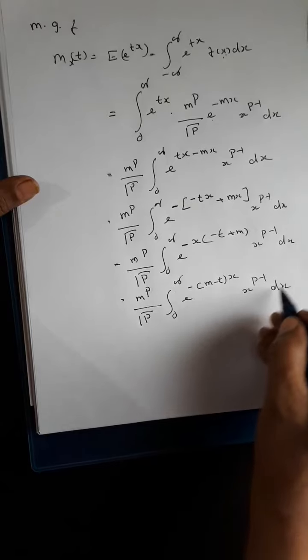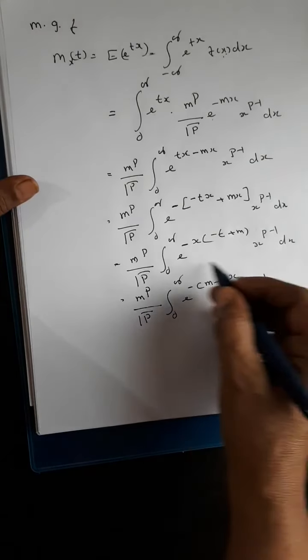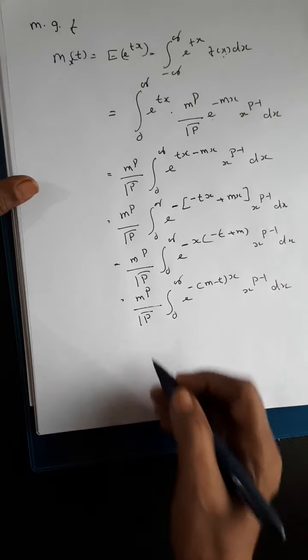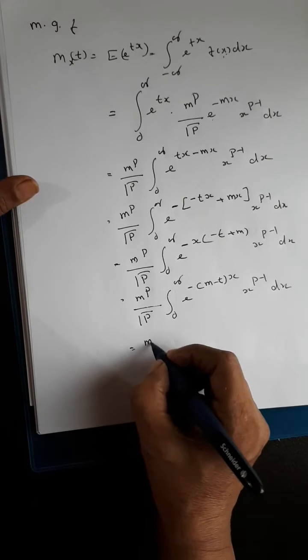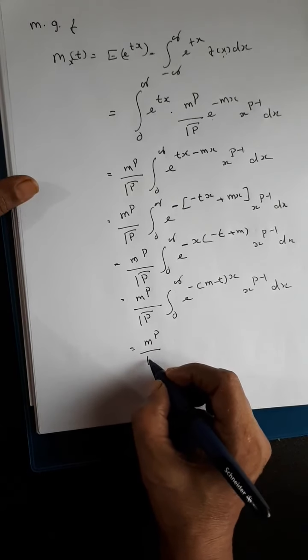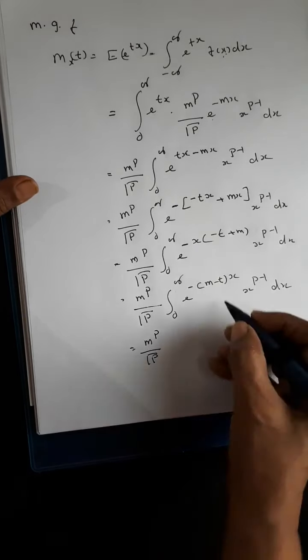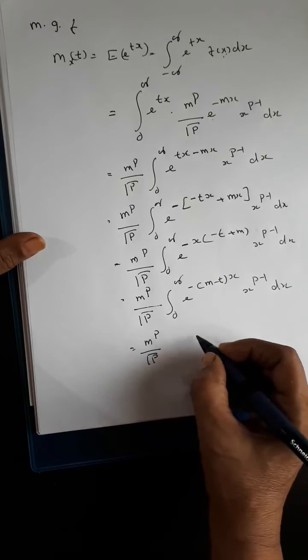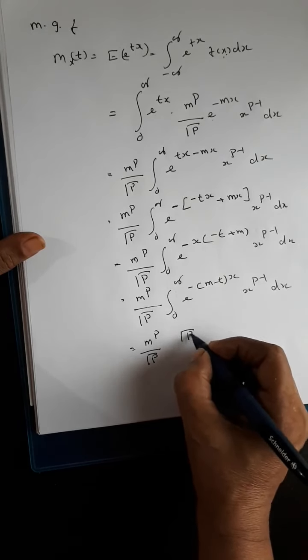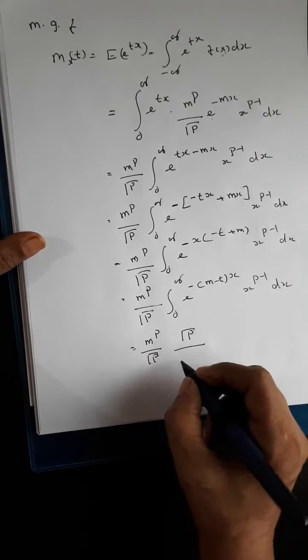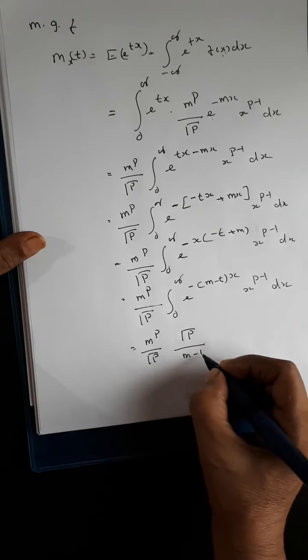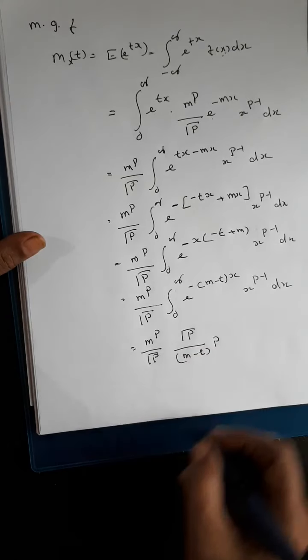So what happened to the term within this integral sign? This one becomes gamma p divided by, instead of m we have m minus t all raised to p.